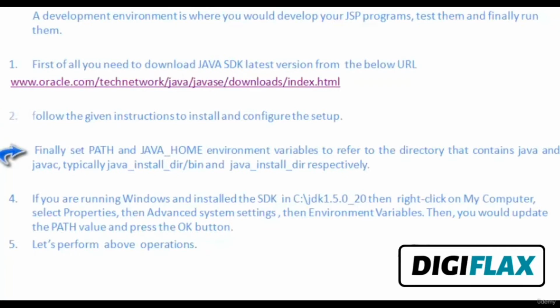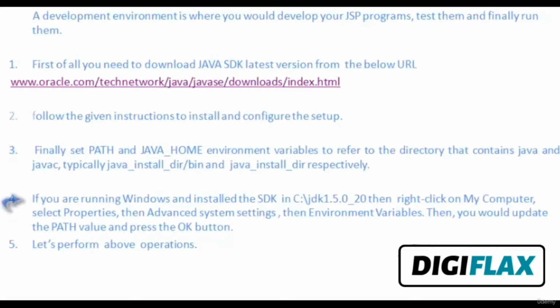Finally, set the PATH and JAVA_HOME environment variables to refer to the directories that contain java and javac, typically java_install_dir/bin and java_install_dir respectively. java_install_dir is the directory where we have installed the Java software.